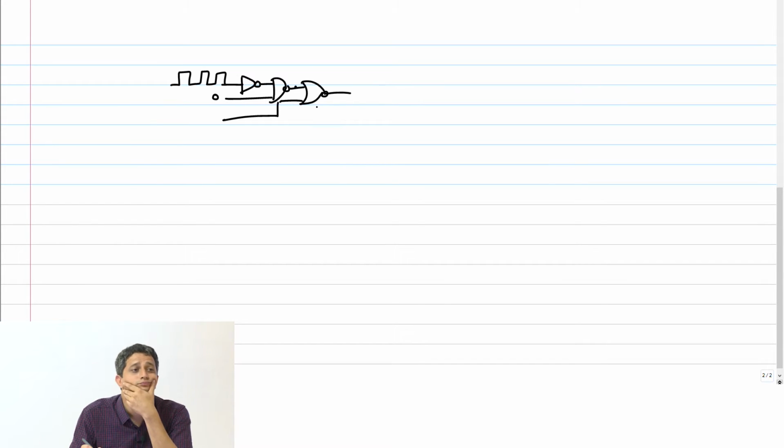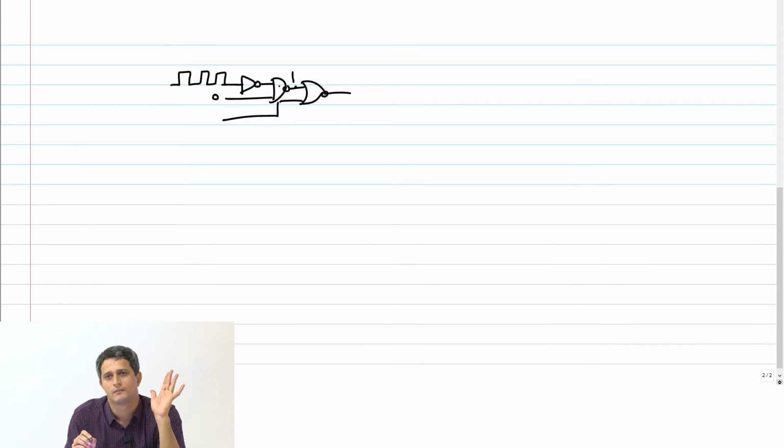Yeah, it will be 1, right? NAND gate output will be 1 if the input is 0. So if the other input is not switching, the output can just remain there forever. So what is the dynamic power that is dissipated by this NAND gate? It's basically 0 in steady state, right?